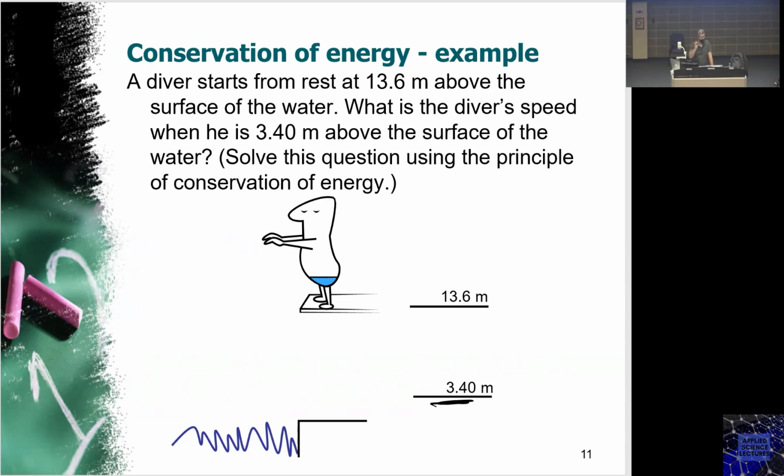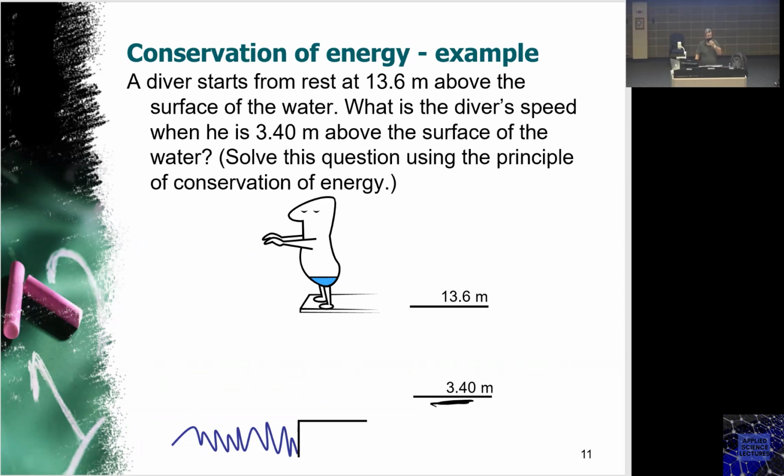So just keep this in mind. When you hear the word rest, this means the speed is 0 and the kinetic energy is also 0. He's starting from 13.6 meters. What is the diver's speed when he is 3.4 meters above the surface of the water? Solve this question using the principle of conservation of energy.